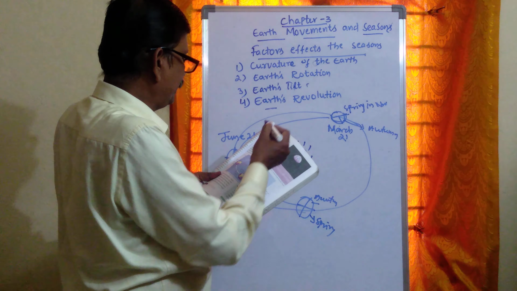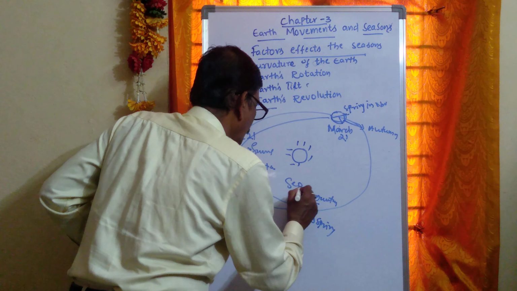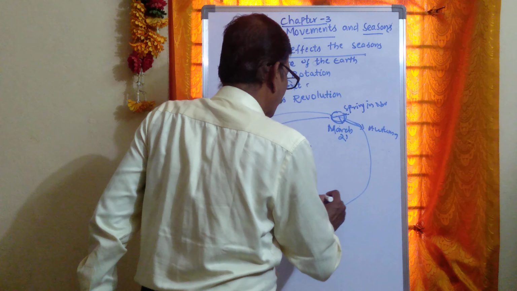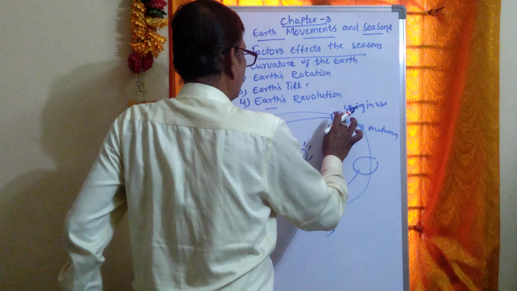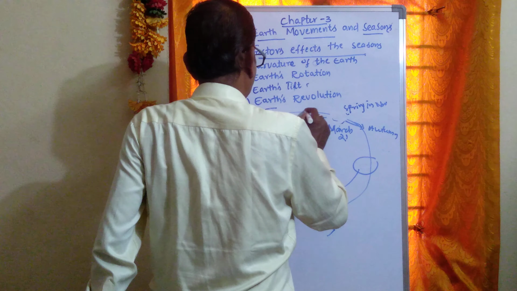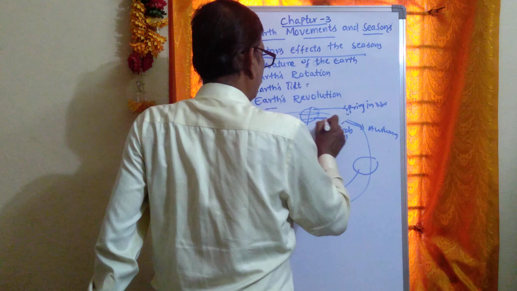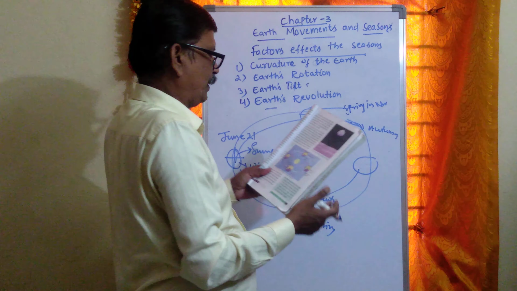After June, it is the position of September 23rd. Then comes here. Okay, so the picture should be here. This is spring, this is autumn. This is the month of March.